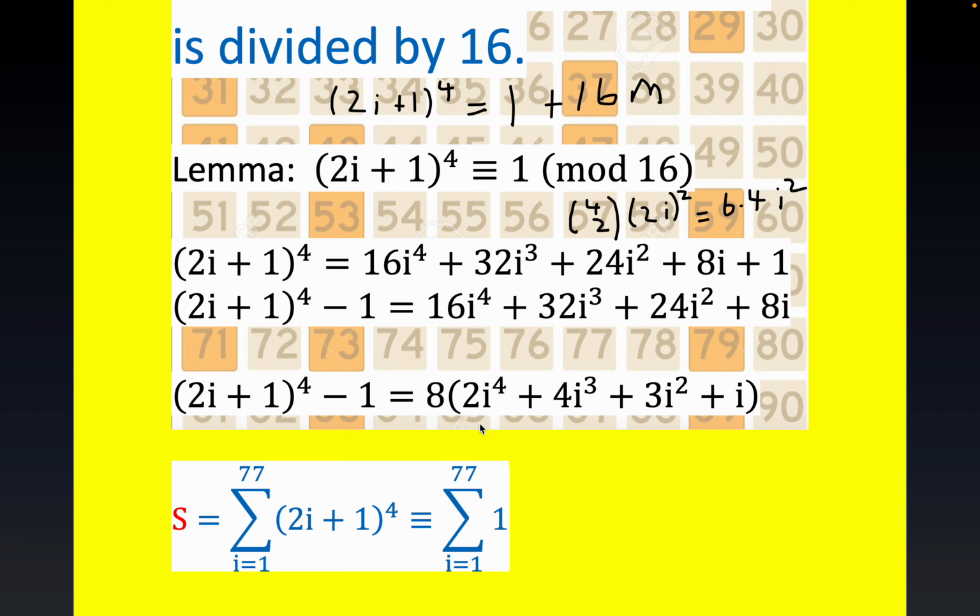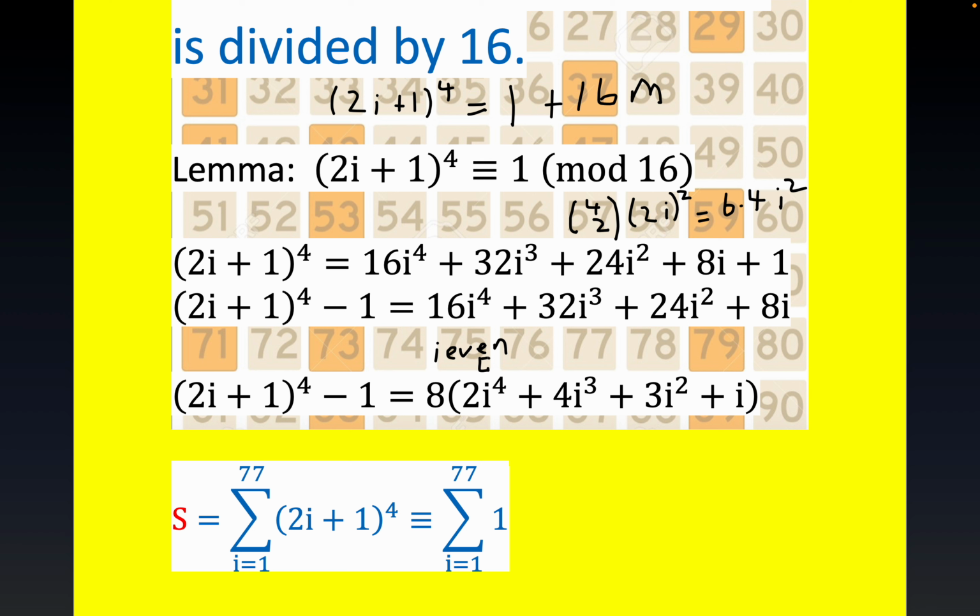Now notice there's 2 cases. Let me write above and below here because I crammed myself in here. What if i is even? If i is even, this entire object right here will be even, right?